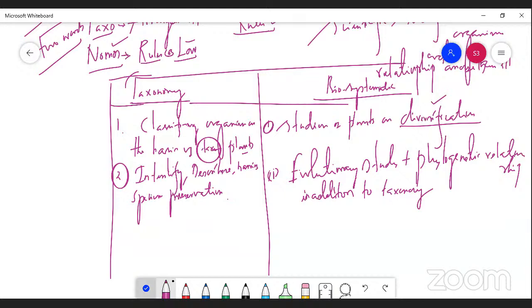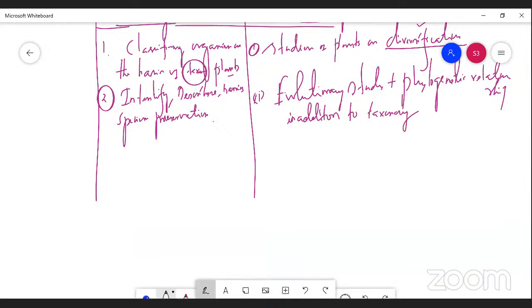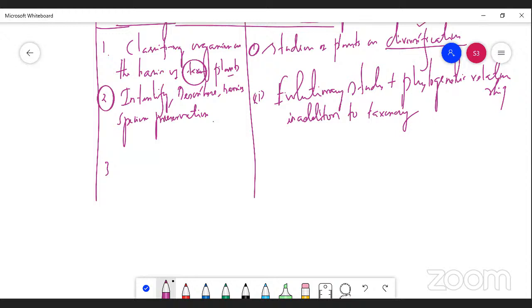Third one, classification and nomenclature is equal to taxonomy.